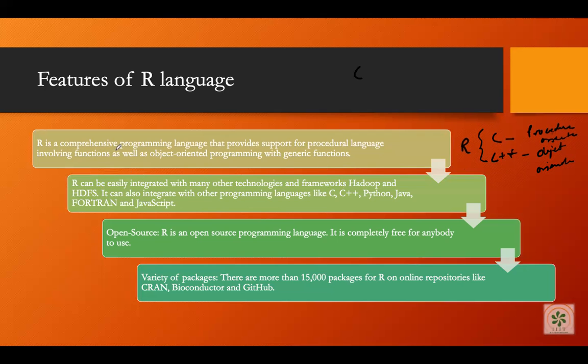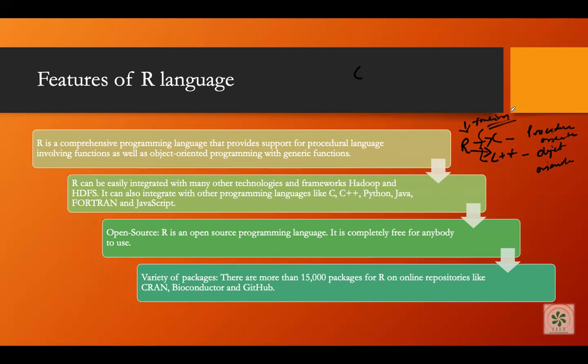So R is a comprehensive programming language that provides support for procedure language involving function as well as object-oriented programming with generic function. We can say it is supporting procedure oriented or function oriented programming, as well as object oriented programming, as well as it has many generic functions. So it has some inbuilt functions.